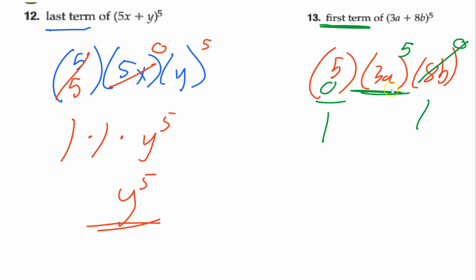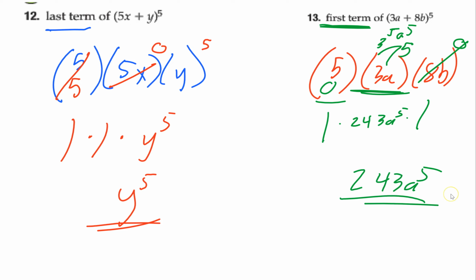So it's all about this guy right here. Distribute 3 to the 5th, a to the 5th. 243 a to the 5th. That's all I got. So that's the basics of using the binomial theorem. Just write out what you know. It's always the top power over whatever, first term, second term. And just fill it out.